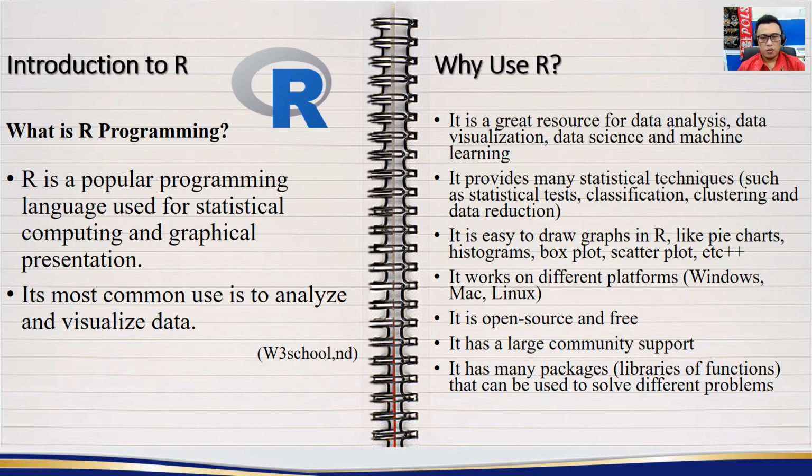Okay, so what is R programming? R programming, according to W3Schools, is a popular programming language used for statistical computing and graphical presentation. It's most commonly used to analyze and actually visualize data.